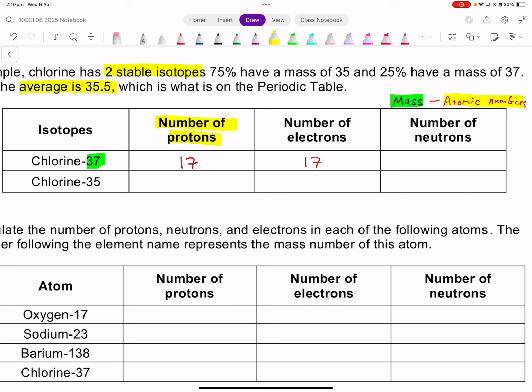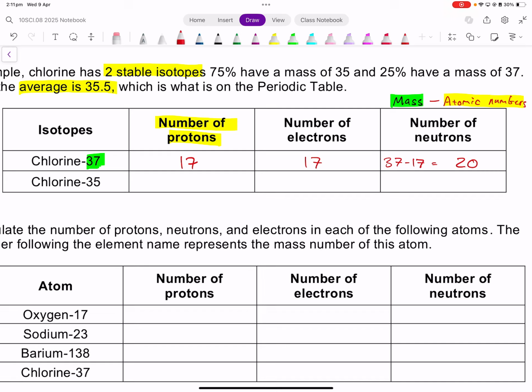So in this case, I'm going to end up writing 37, as 37 is my mass, and I'm going to subtract what number from it? 17. Great. Subtract 17. And this is going to give me my answer, how many neutrons I have, which is going to be 20.